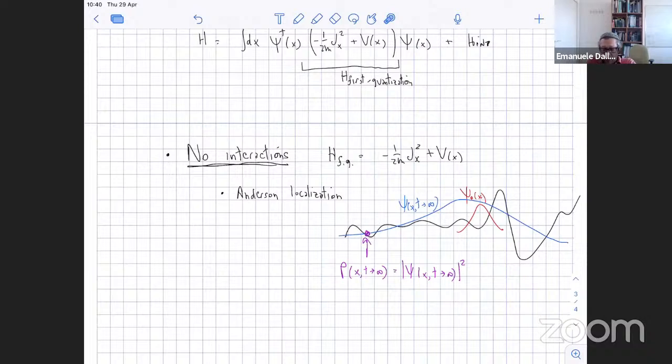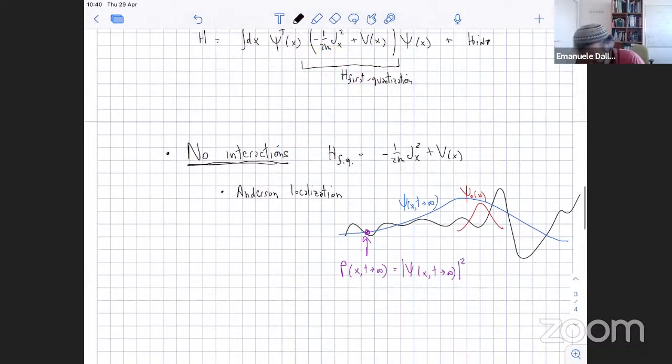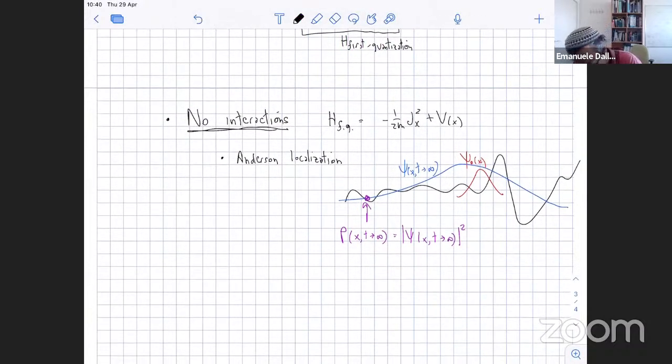If I go far enough, I need to sum so many paths that it sums up to 0. So the phenomenon of Anderson localization can be explained or understood by saying that this is a destructive interference between the different paths.